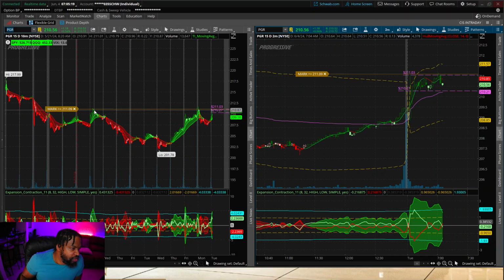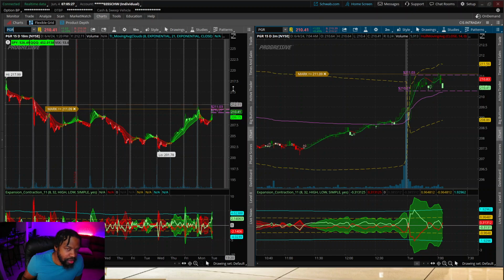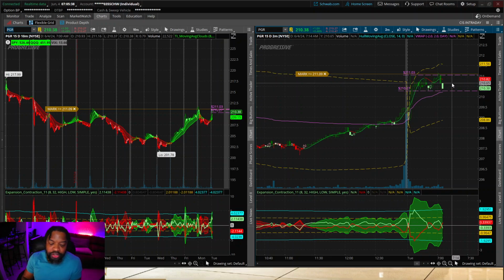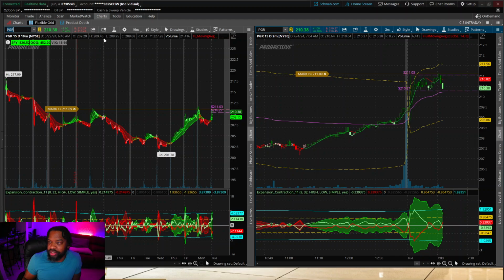Now looking over here, you see that it's coming up against resistance. So ideally, for us to take a trade to the upside, we would need that break and retest for the high probability setup, because it's up against resistance. But if it keeps building market orders here and VWAP starts catching up to it, that could be a juicy setup to the upside, right? We're just going to wait and see if it actually does that.